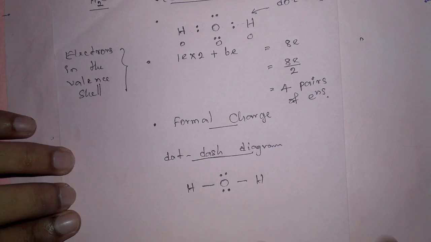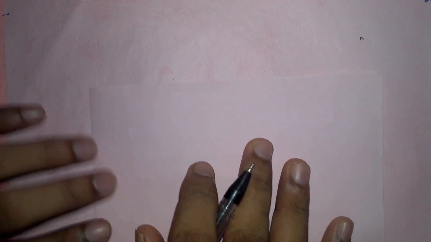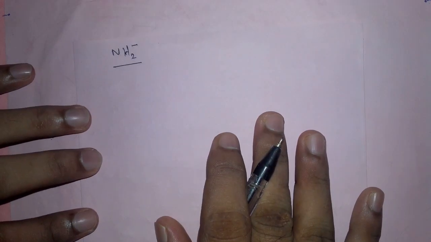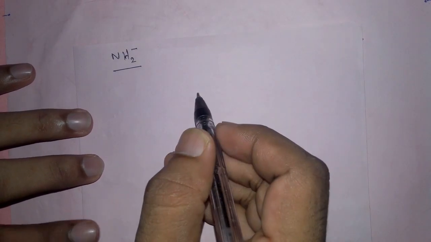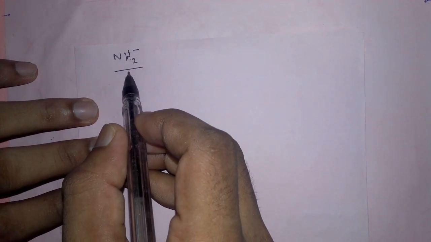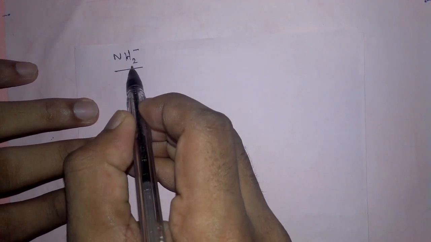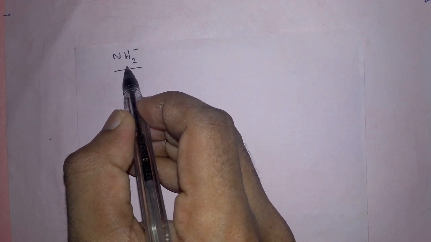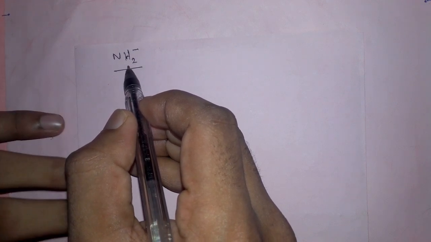And let's see another example as well. Consider the NH2 minus ion. Again, very first thing is the identification of central atom. You have to remember that hydrogen or fluorine never become a central atom.